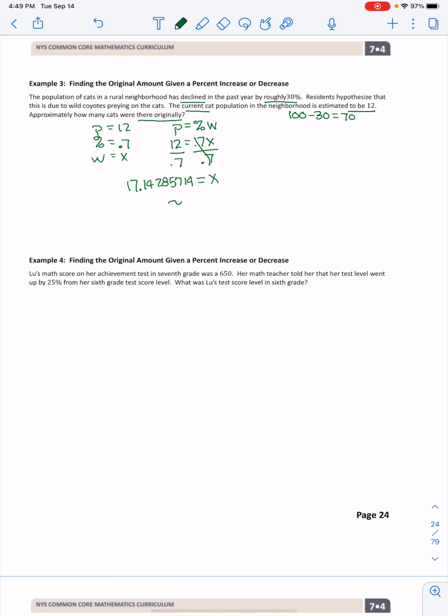So there are approximately 17 cats originally. Because remember, even though it doesn't say it around, we can't have a part of a cat.